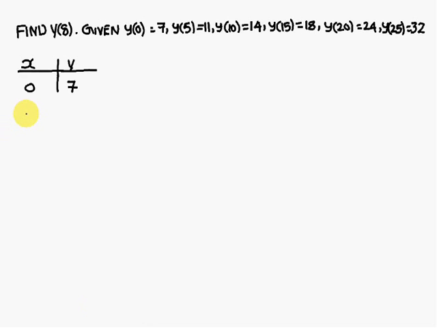First we have to prepare a difference table for the given data. For that, the first column you consider as x, the second column you consider as y. For 0, the value of y is 7, so for 0 I have to write the value of y as 7. Similarly for 5 the value of y is 11.